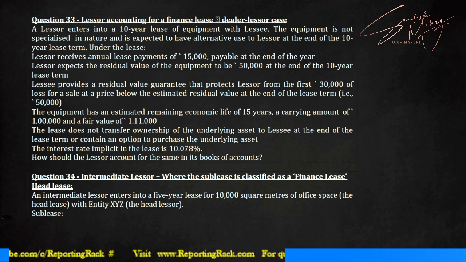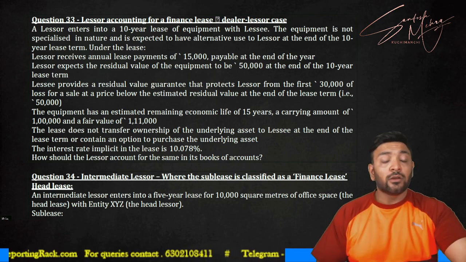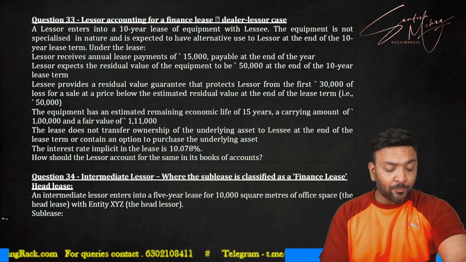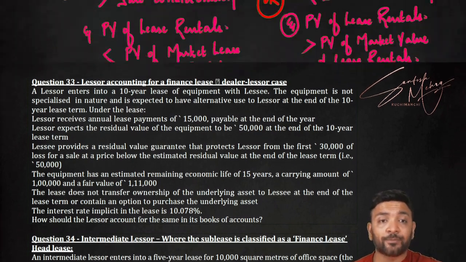Up above, he said he is a dealer lessor. So you need to identify cost of goods sold as well. First of all, let's pick up what are the important terms in this particular question.